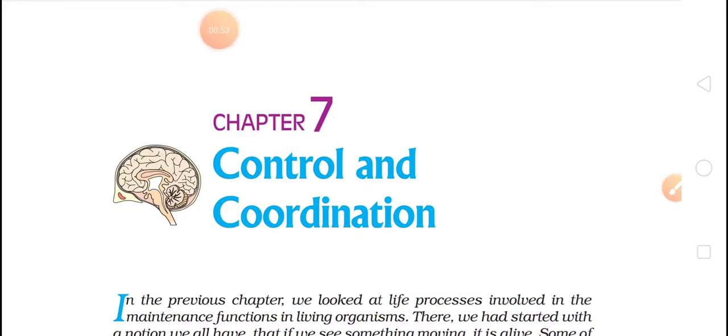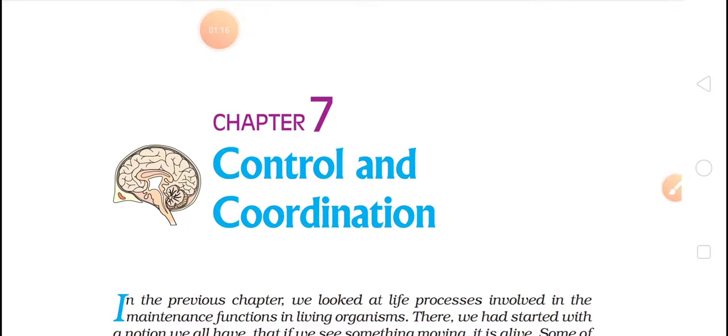Yes, after chapter 6 is chapter number 7, control and coordination. You must be thinking why I have taken this chapter, because this chapter is very important, first of all, and second, it is a little bit continuity of chapter number 6.